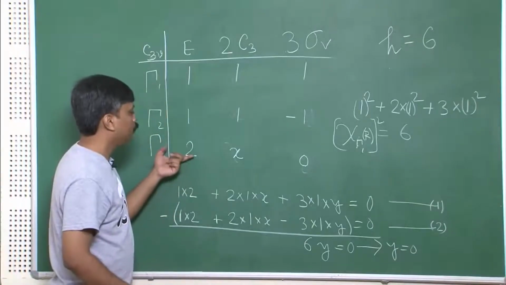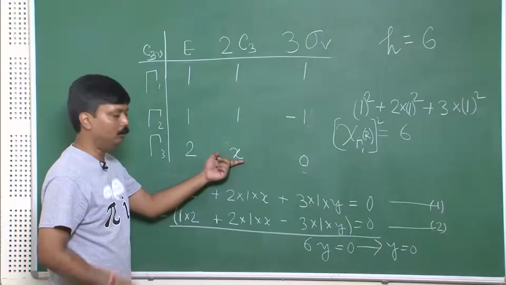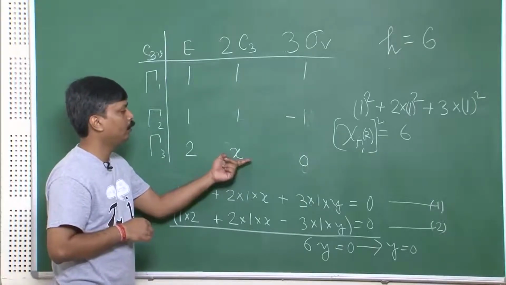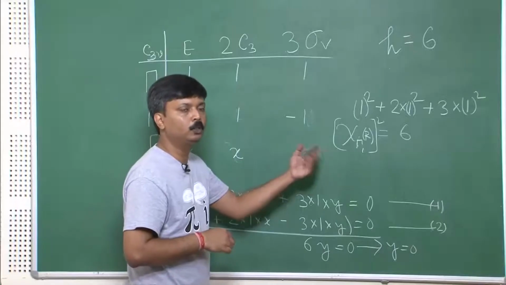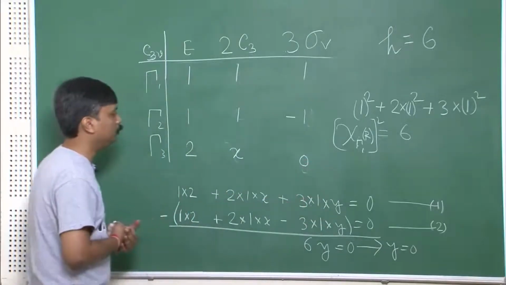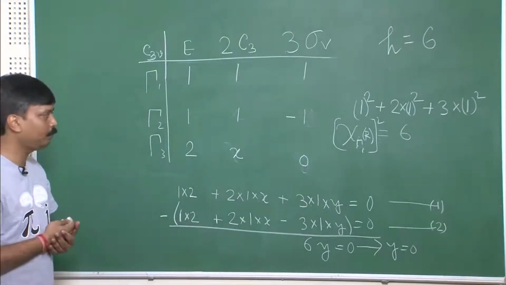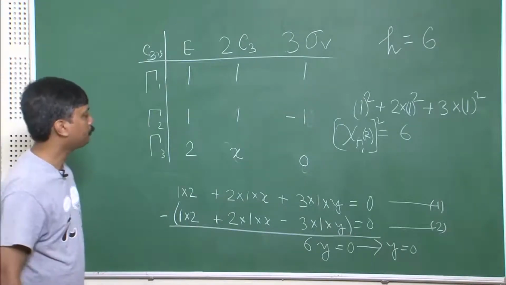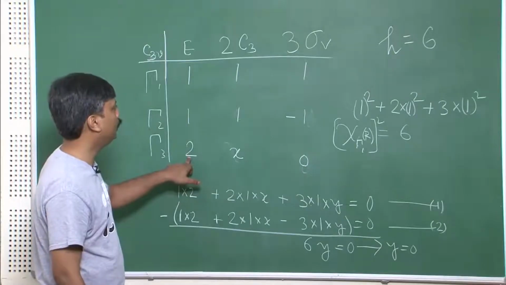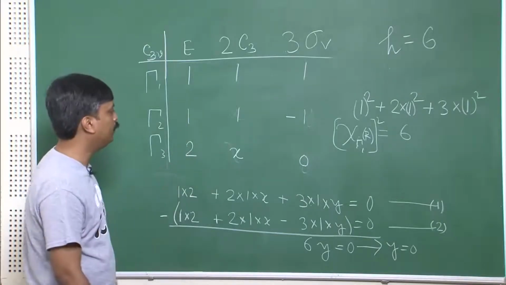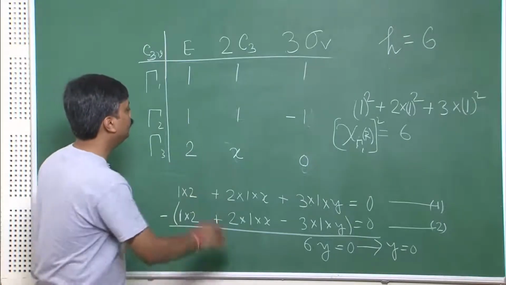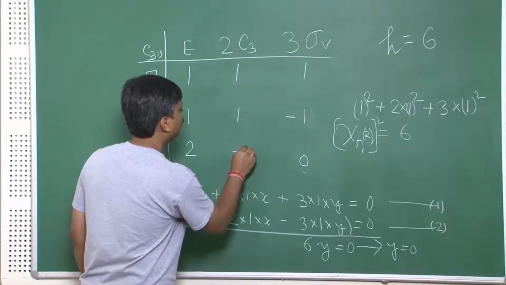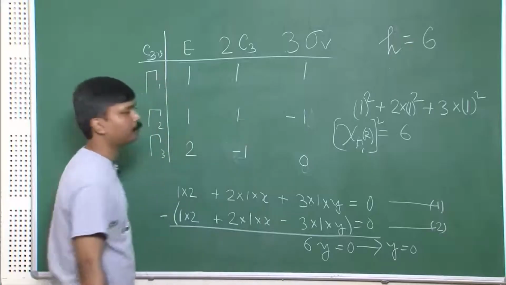Then 2 square plus 2 into x square plus 3 into 0 should equal 6. If I do that, I easily get x equals minus 1.